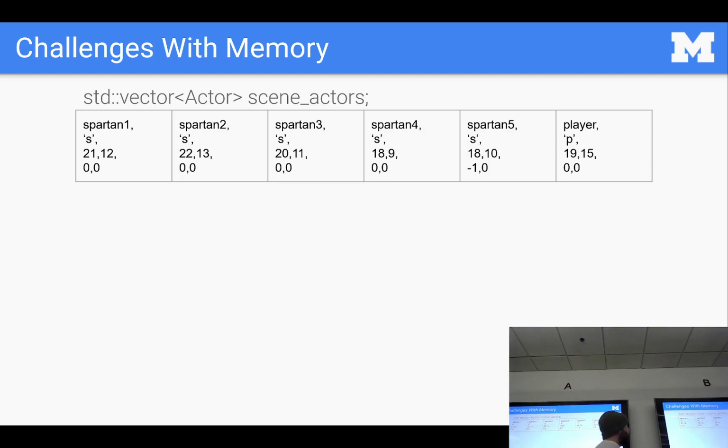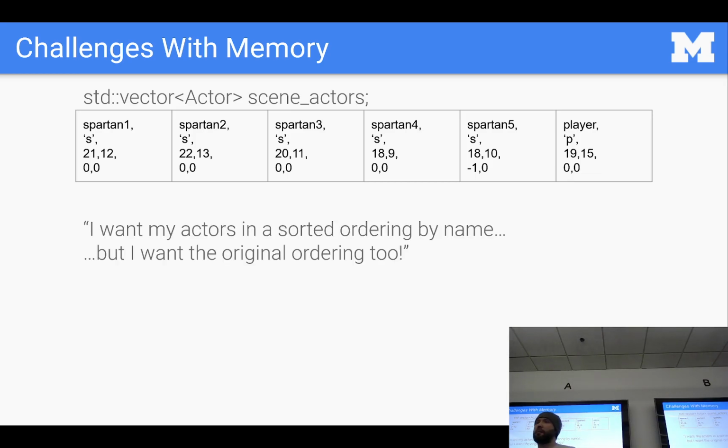And there they are, nothing too funky. But let's imagine that you really want to move through these in a sorted fashion, in the ordering of the name. You want to sort these by name and iterate through them by name.